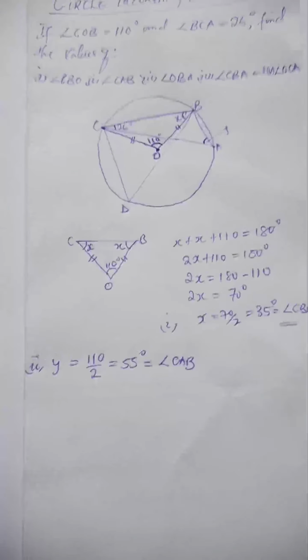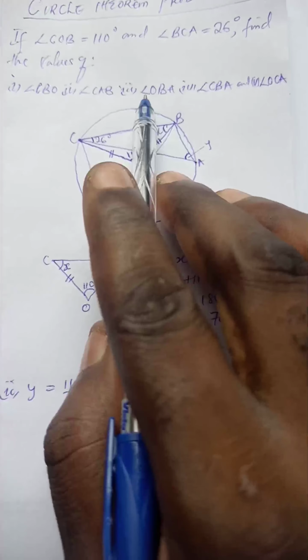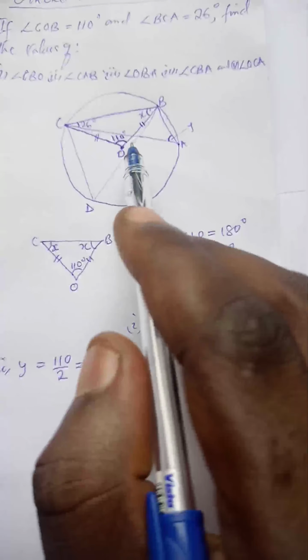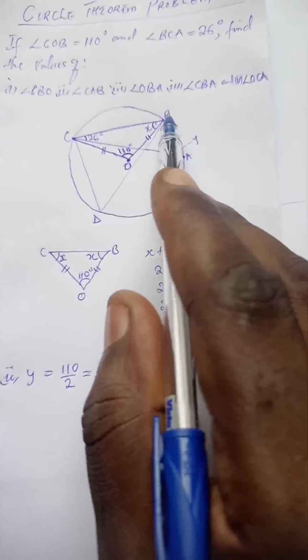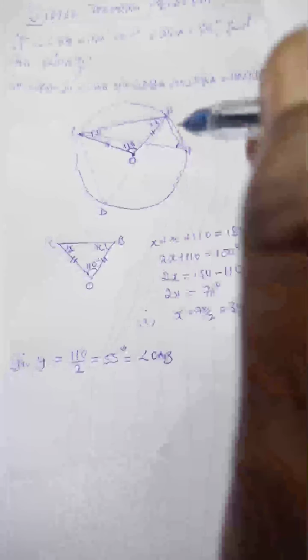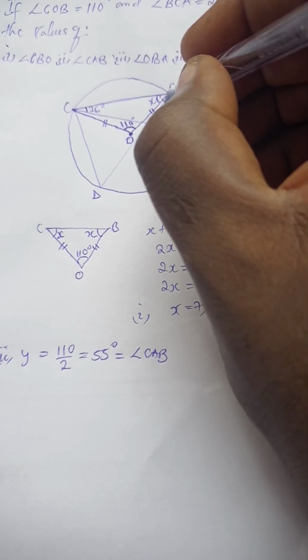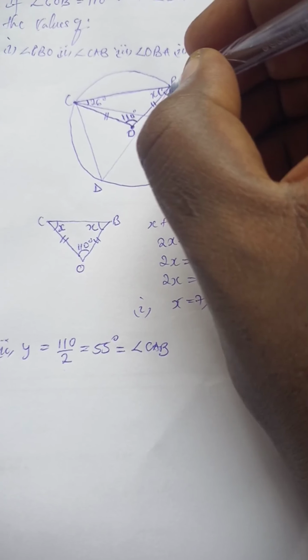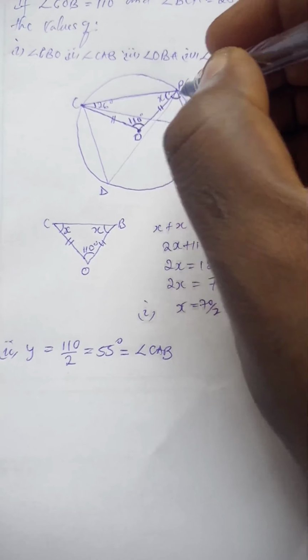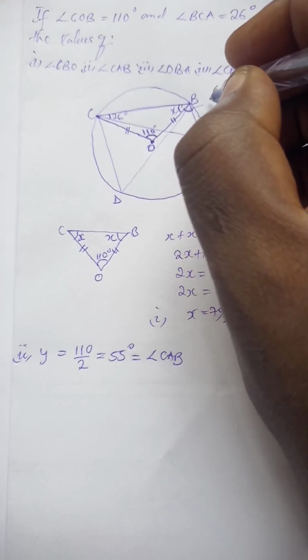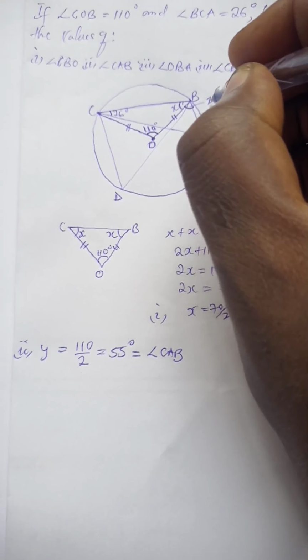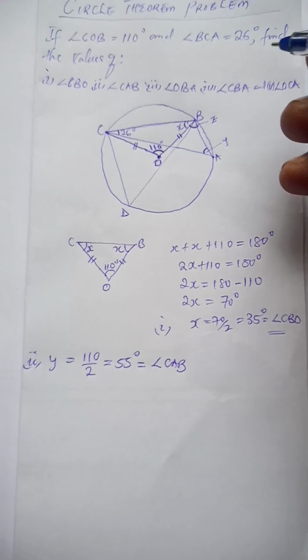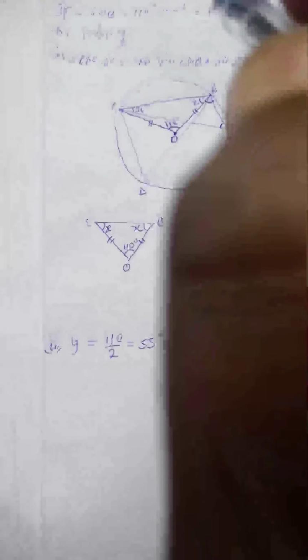The third question says we should find angle OBA. That means this angle here. That's what we are looking for. If I call that angle z, then I have to observe critically. Let's look at this triangle.